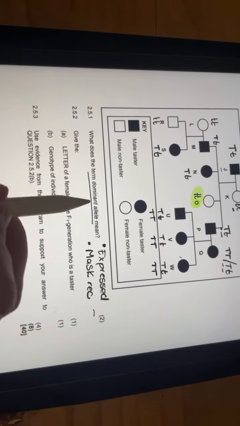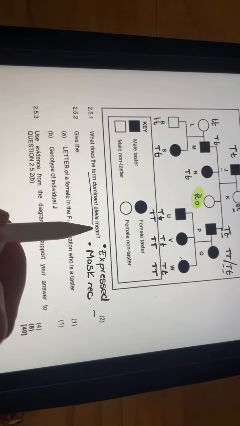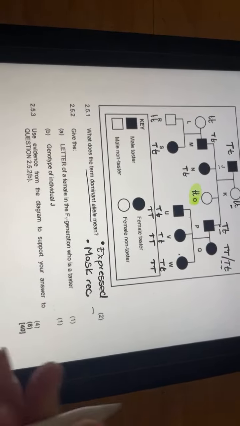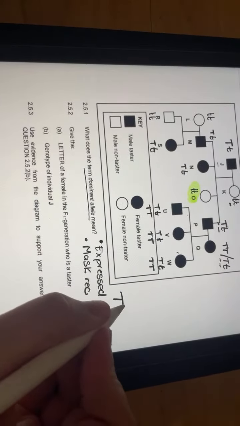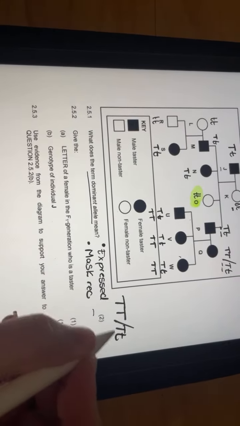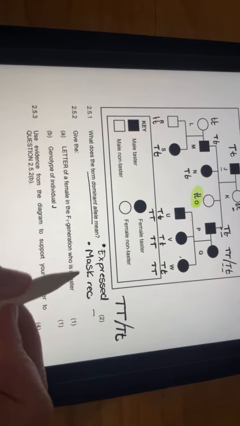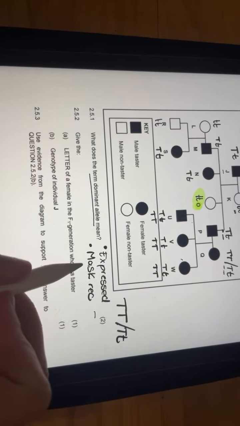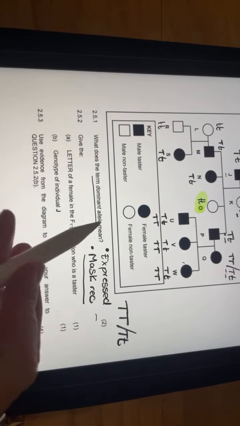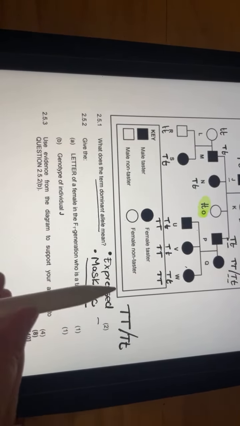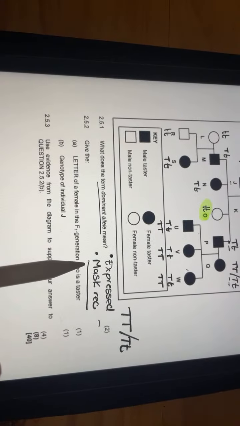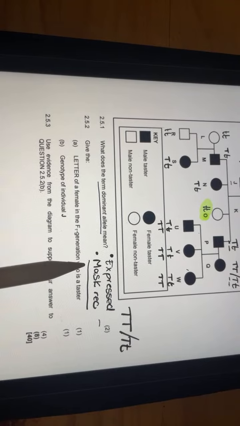So a dominant allele is an allele that is expressed in the phenotype, whether it is homozygous dominant or heterozygous. And why does it do this? Because it has the ability to mask the recessive allele, which will not be visible in the phenotype.